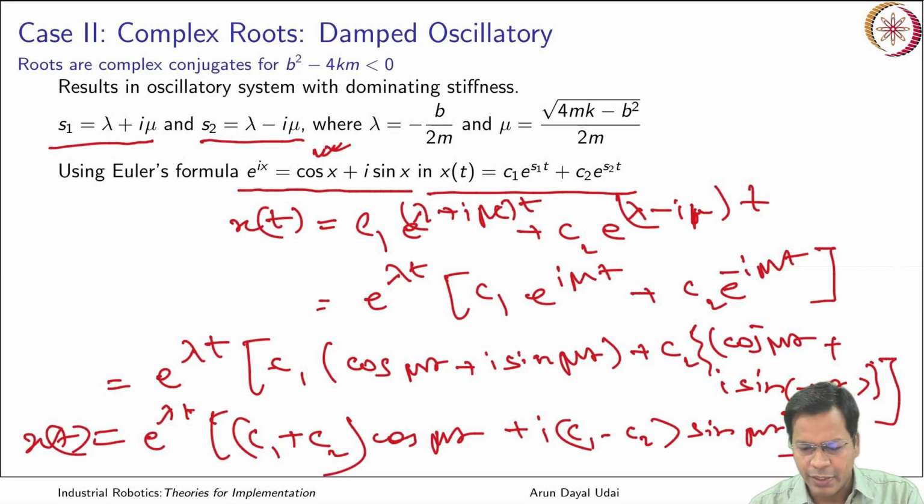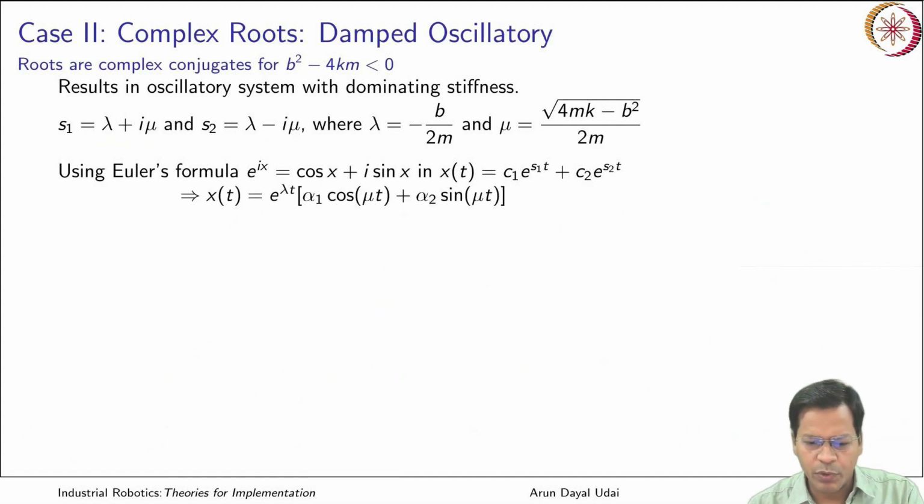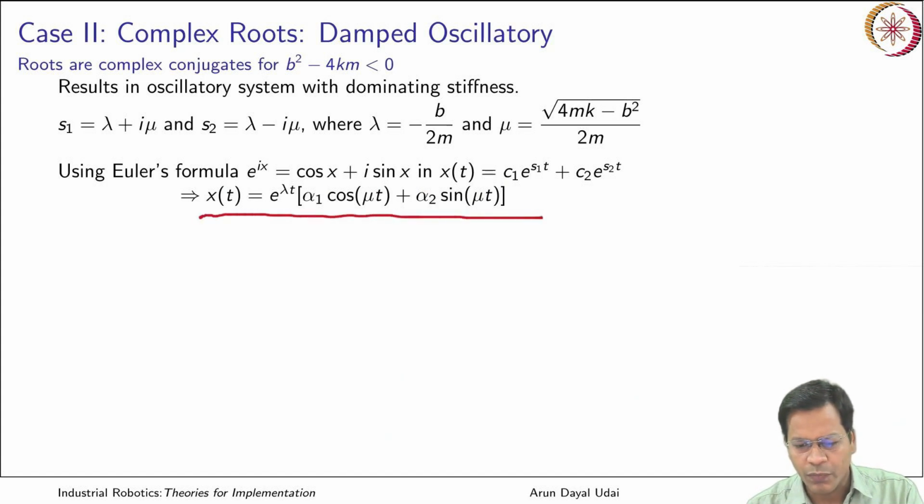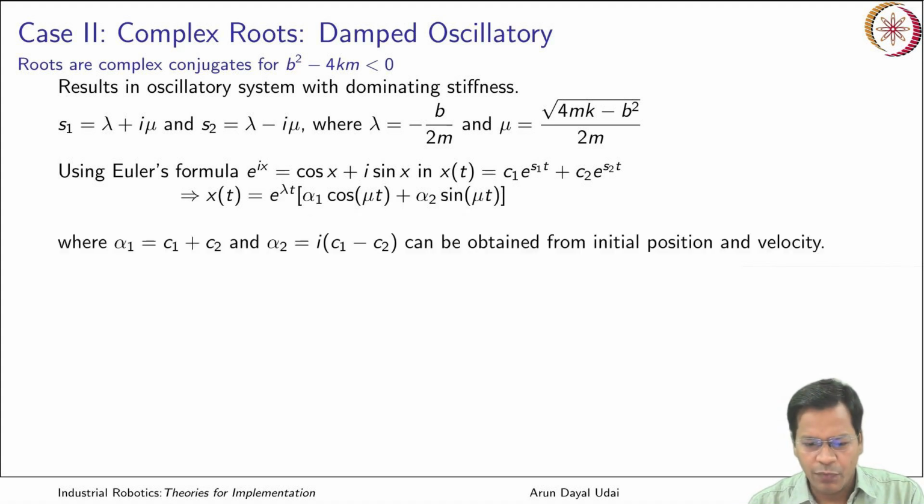If I again take this as alpha 1 and this as alpha 2, you can proceed like this. You can write x(t) exactly like this. Everything comes here, where alpha 1 and alpha 2 are nothing but C1 plus C2 and i(C1 minus C2).